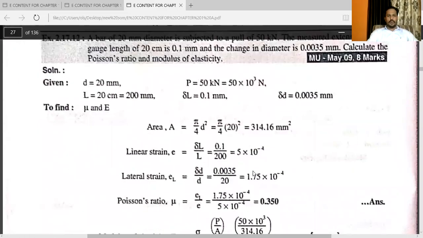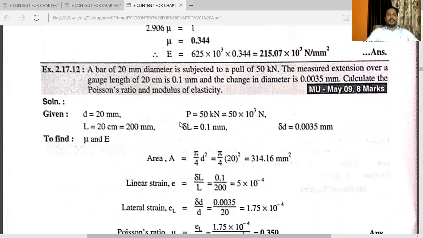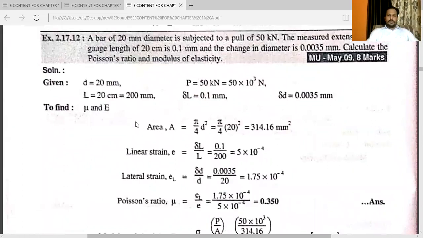Here, one more problem you can see. Dear friends, here I am explaining the problem because I already explained the theory. I know the speed of explaining is high, but I have given the content to you, and in minimum time we have to complete so many problems.